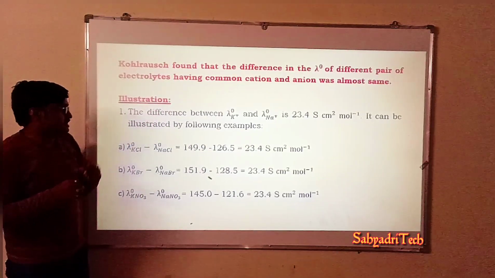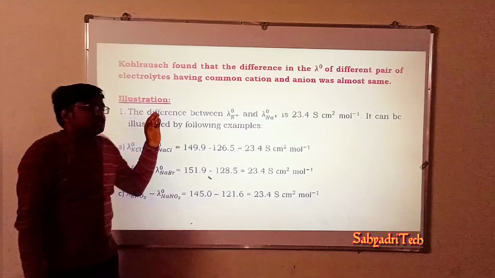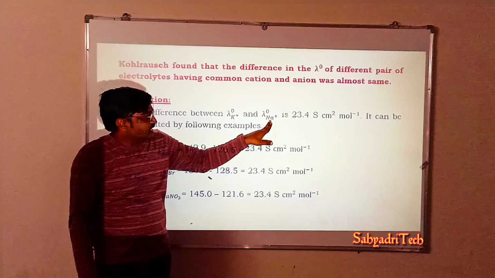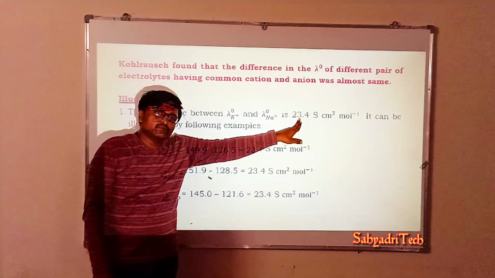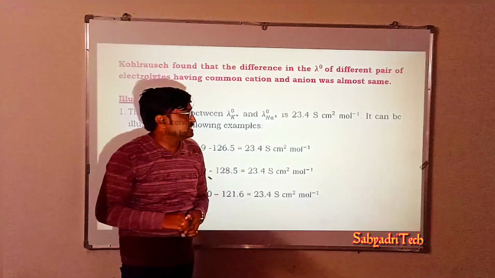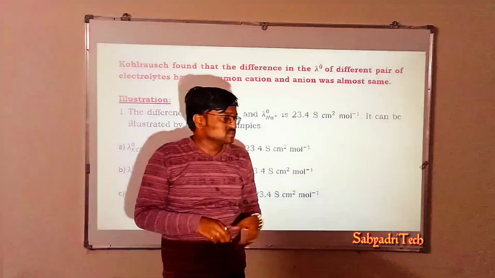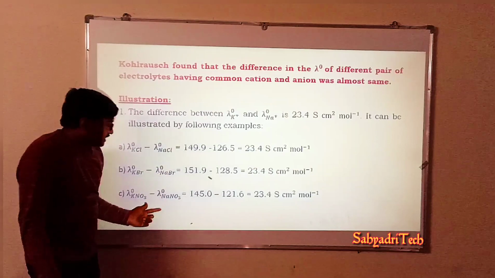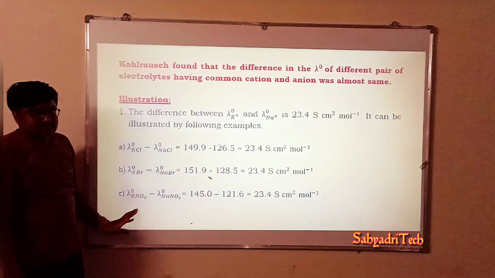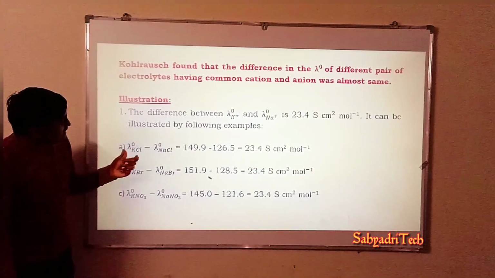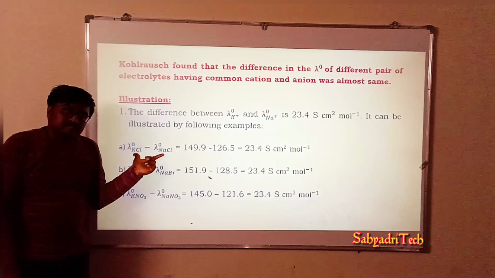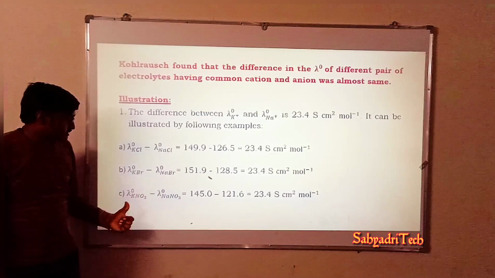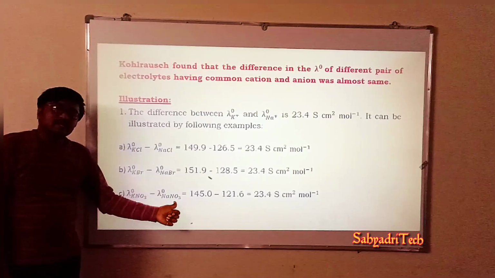The first illustration says the difference between lambda naught of K+ and lambda naught of Na+ is always found to be 23.4 Siemens centimeter square per mole. It can be analyzed by considering three pairs of electrolytes. In the first pair, KCl and NaCl. In the second pair, KBr, NaBr, and the third pair, KNO3, NaNO3.